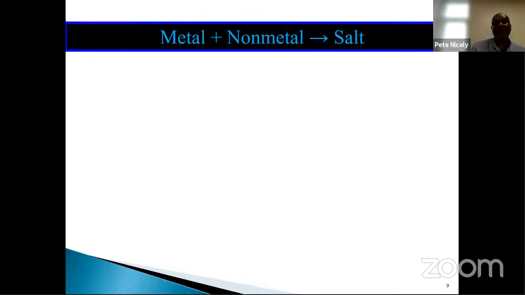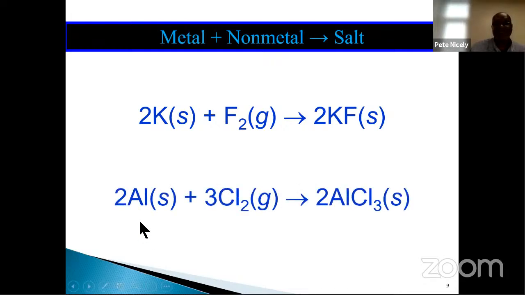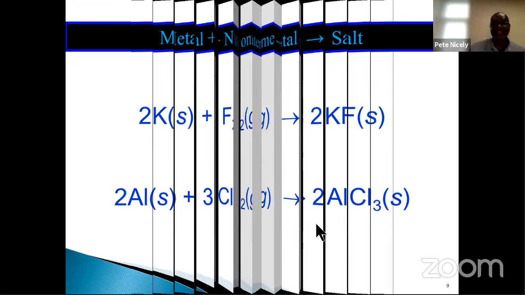Then we have a situation where you can have a metal combining with some other non-metal other than oxygen. For example, the reaction between potassium and fluorine to form potassium fluoride, and the reaction between aluminum and chlorine to form aluminum chloride. Okay, so those are other examples of combination reactions.